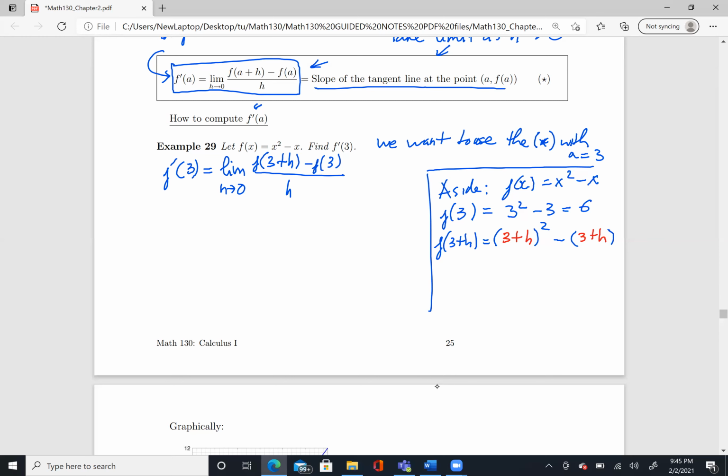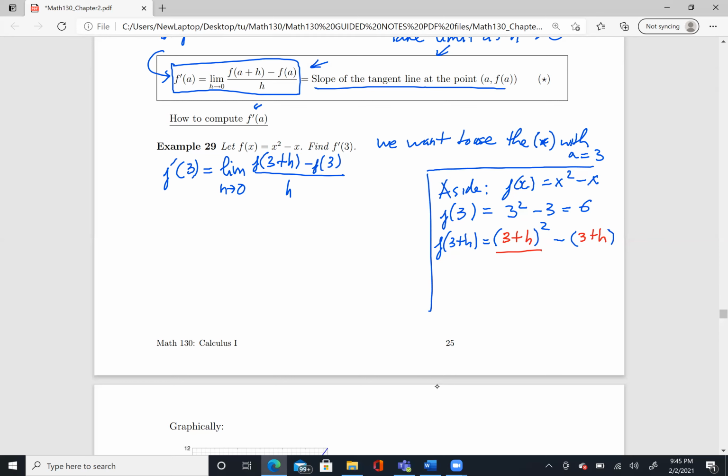So in order to do this one, I can do distribution or FOIL for the first term over here to expand it out and see what happened, right?